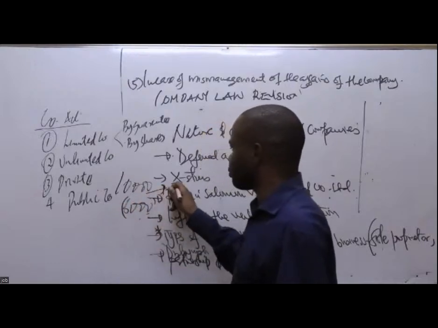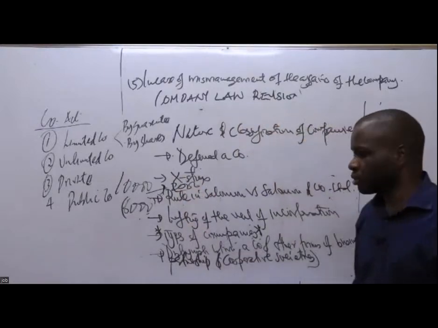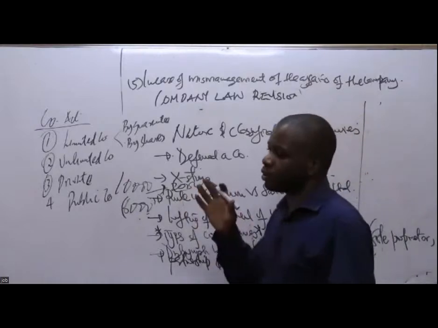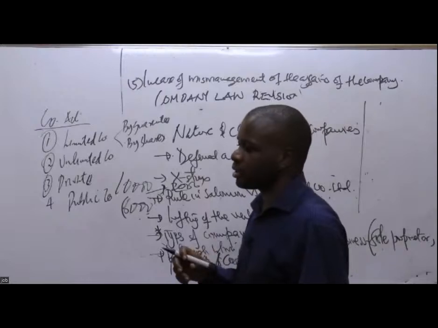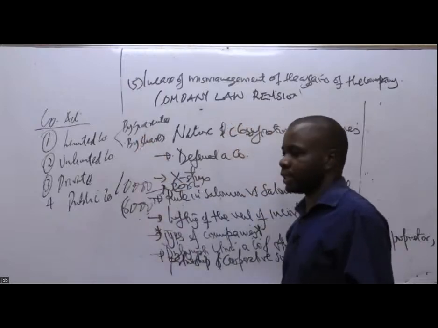They'll call upon you to pay for the 2,000 in case the company is liquidated. So that will be your liability in that particular company. You can see it has a limit. It goes to a particular extent. The extent is already defined either by guarantee or by the number of shares you hold in the company.